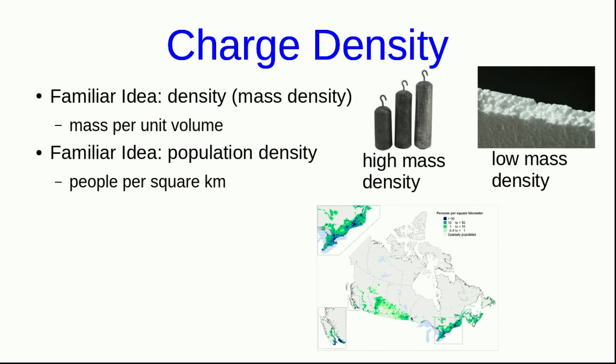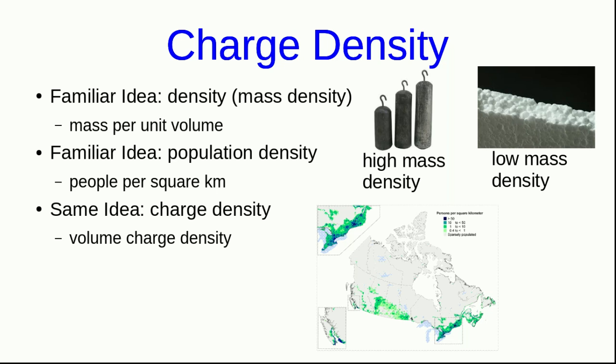Or you will have come across the idea of population density, which is people per square kilometer. Well, charge density is really the same idea. We can have a volume charge density, which is a charge per unit volume of material, and so that's analogous to a mass density. We can also talk about a surface charge density, which is a density per unit surface area of some object. That's very analogous to a population density.